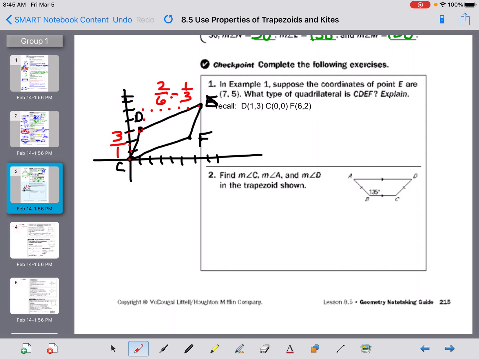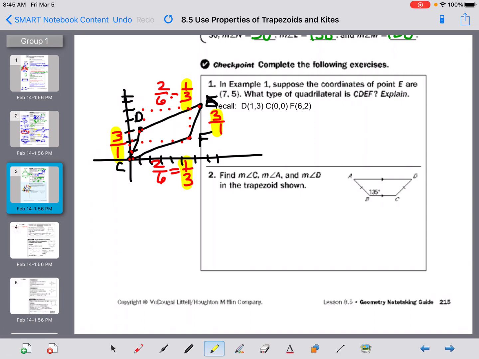From F to E, I count up 1, 2, 3, and right 1. And from C to F, I count up 2 and over 1, 2, 3, 4, 5, 6, which reduces to 1/3. All right, I notice I have opposite sides parallel and opposite sides parallel.